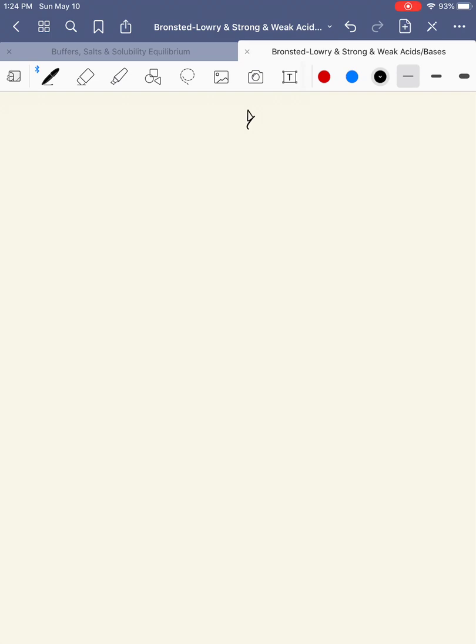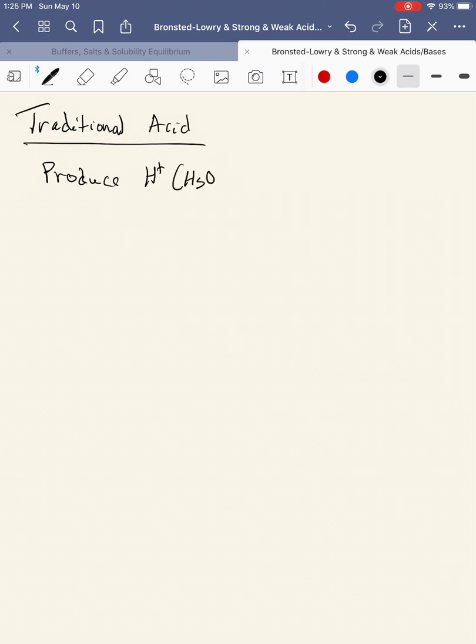All right, the Bronsted-Lowry acids and bases, we're going to talk about those, and strong and weak acids and bases. So, let's first of all talk about traditional acids and bases. A traditional acid produces the H plus or the H3O plus ion in water.